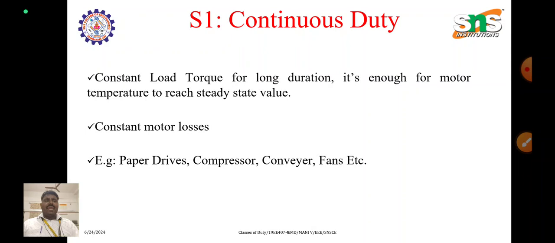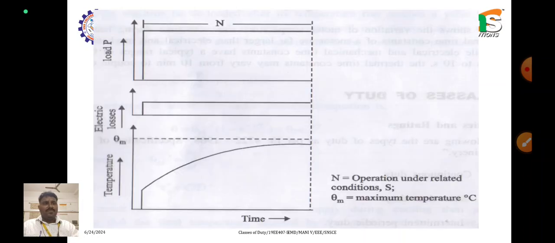It is enough for the motor temperature to reach the steady state value. In this condition, the motor losses are constant. Examples are paper drive, compressor, conveyor, fan, etc. These are examples of continuous duty applications.